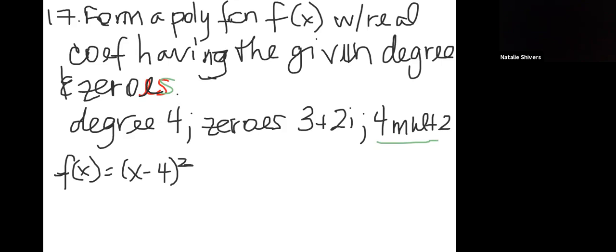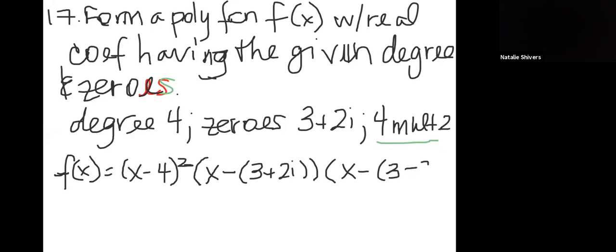That multiplicity 2 makes that there. Then I need to write x minus, again, the zeros are always minus, the first one, 3 plus 2i. And the second one is going to be x minus the opposite, so 3 minus 2i.